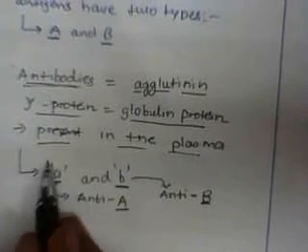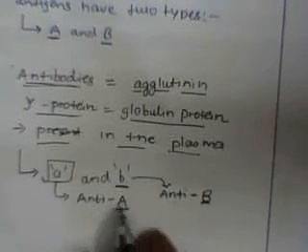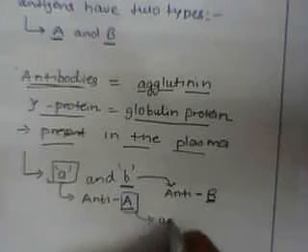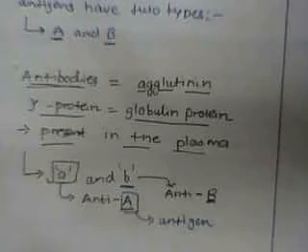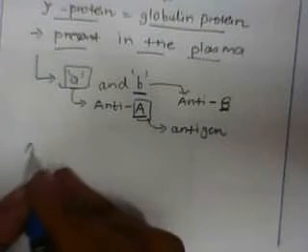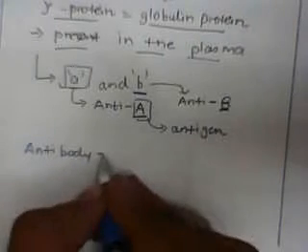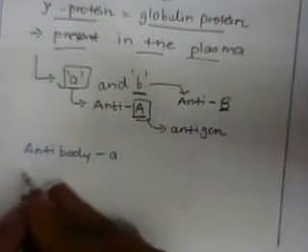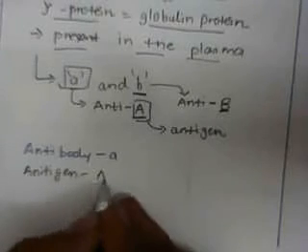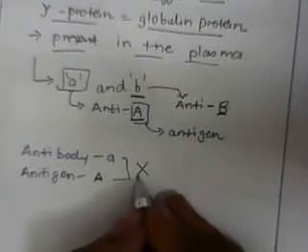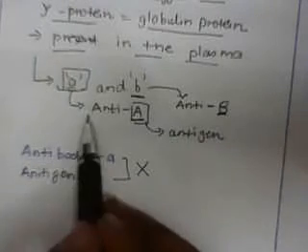Now, if you are intelligent enough, then you may have already guessed what this is all about. If you've got antibody small a and antigen capital A, then they cannot exist together because small a is anti-A.